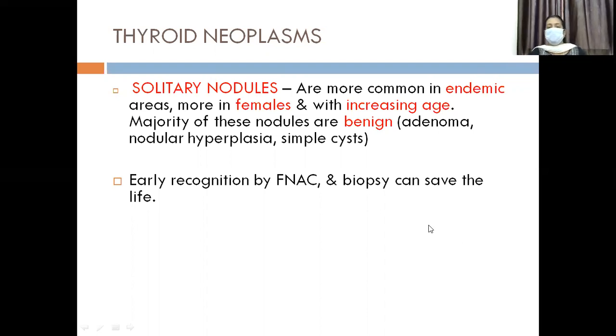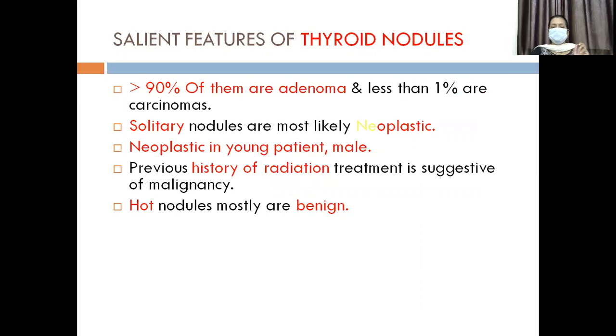pick up a few cells with the syringe, using cytology, H&E stains and the Giemsa stain. You will try to find out if there is an abnormality in the individual cell structure. So what are the salient features of these thyroid nodules?